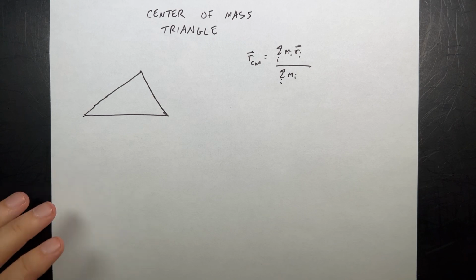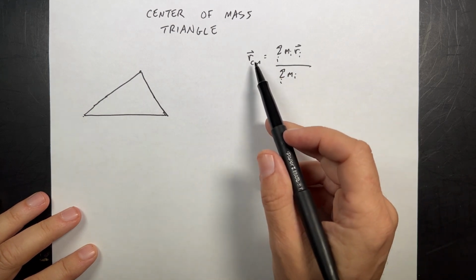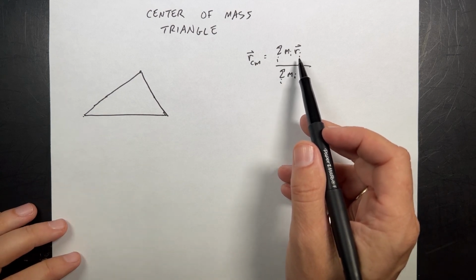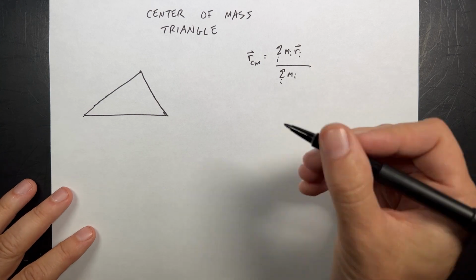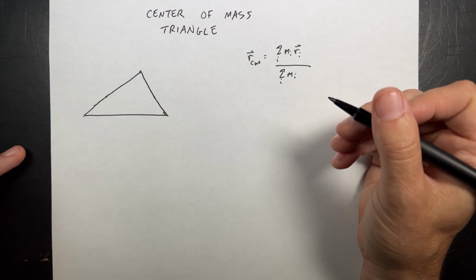I'm going to do it two ways. So remember that we define the center of mass as the sum of each mass element, if I had elements, times its vector position, divided by the total. So we're just going to do the x and y directions, and as a sum, but we're going to do it as an integral.